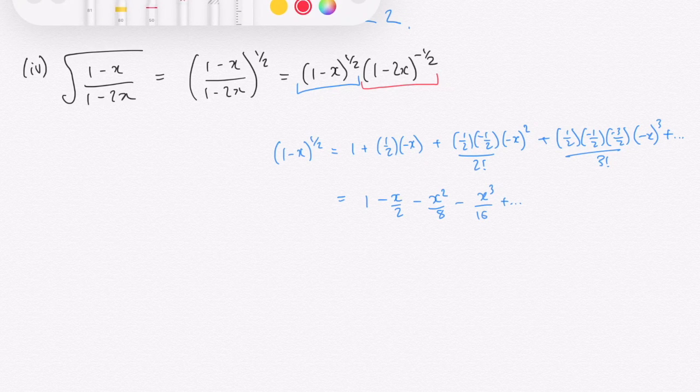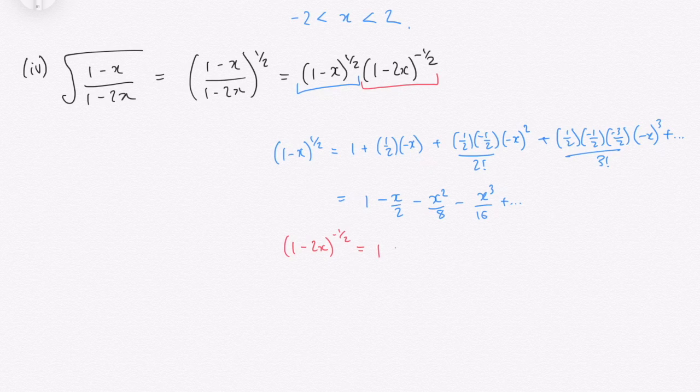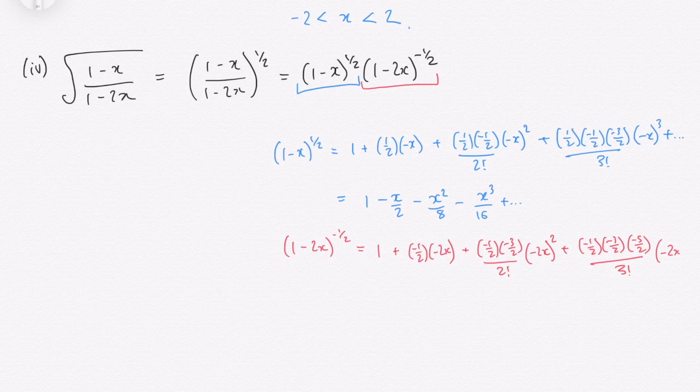And now let's expand out the second one, which is (1 minus 2x) to the minus a half. So this is equal to 1 plus minus a half times minus 2x plus minus a half times minus 3 over 2 over 2 factorial times (minus 2x) squared plus minus a half times minus 3 over 2 times minus 5 over 2 over 3 factorial (minus 2x) cubed plus the remaining terms.